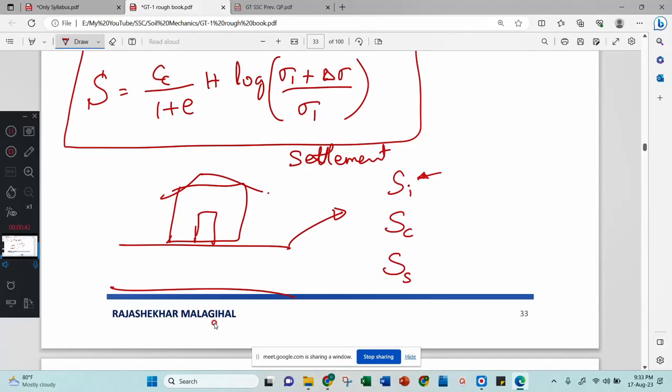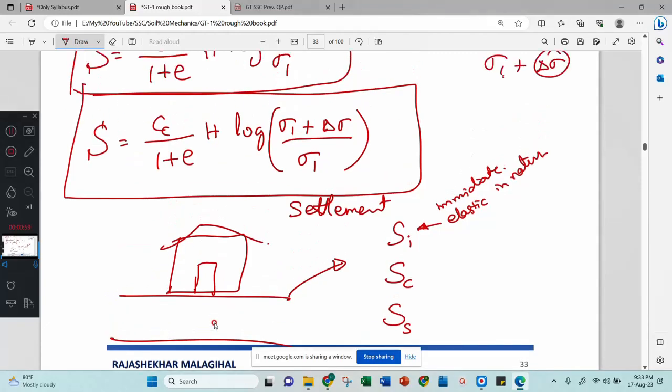Initial settlement means this is immediate settlement. You can call it immediate settlement. Immediate settlement is always elastic in nature. Very interesting. Elastic in nature. See, in your home you have a chair. On this chair you have a cushion. Then you will come and sit on the chair.